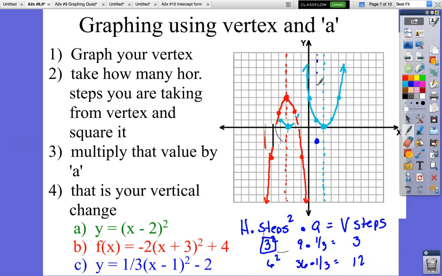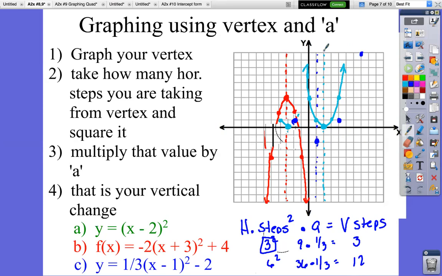Again, here's my axis of symmetry. So 1, 2, 3 over, 1, 2, 3 up. I take 6 horizontal steps from the vertex, 1, 2, 3, 4, 5, 6. I have to go up 12.